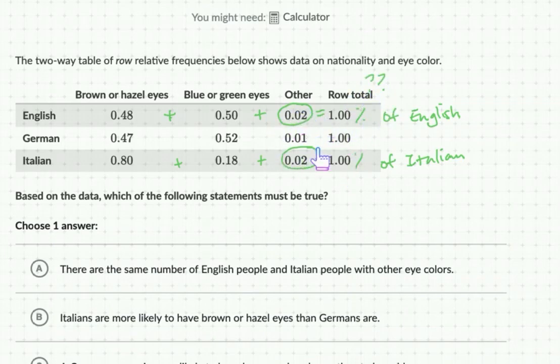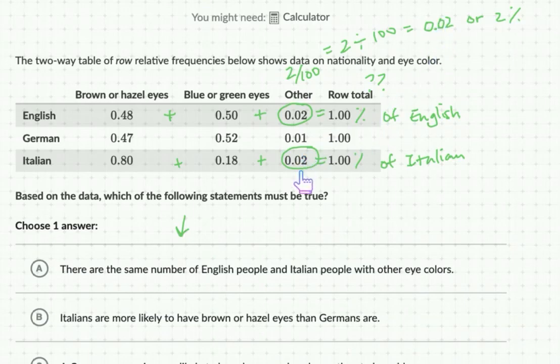So just because they have the same percent doesn't mean they have the same number of people, because it could have been that this 2% out of all the English people was 2 out of 100, right? Because 2 divided by 100 is equal to 0.02, or 2%.